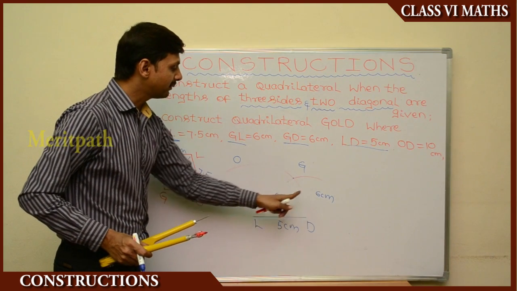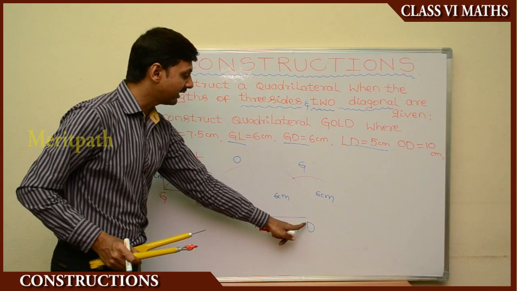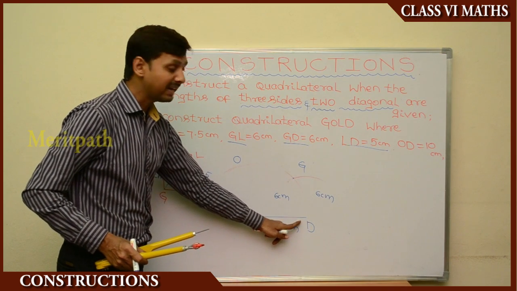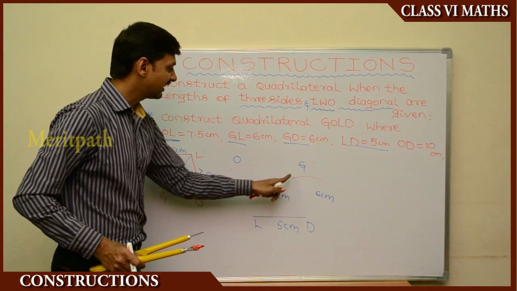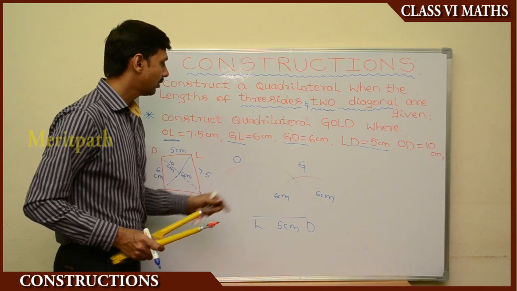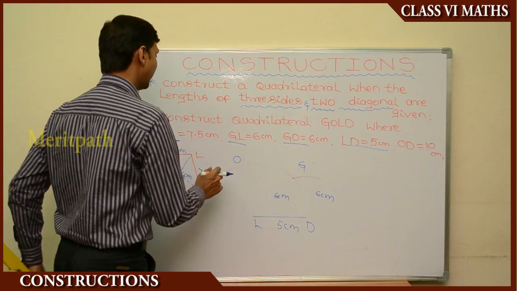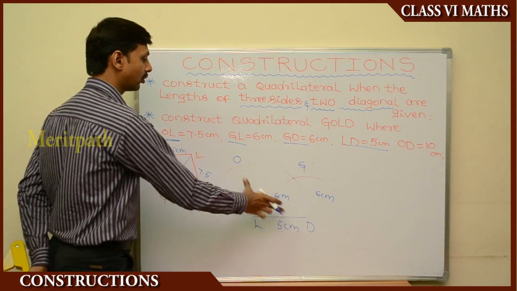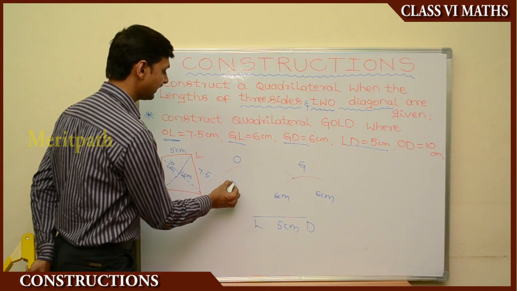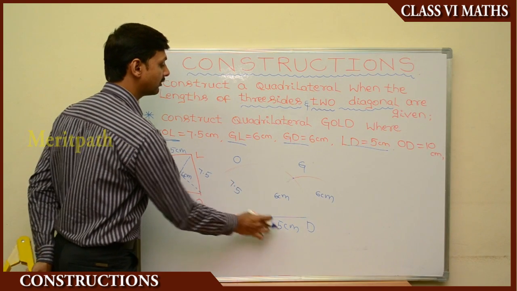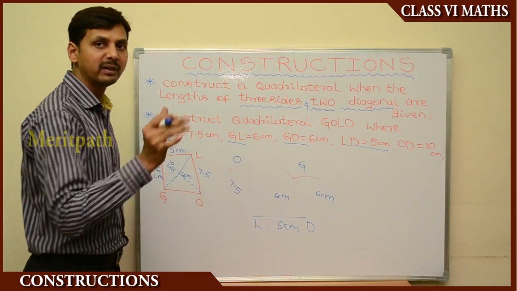How? 6 centimeters diagonal, 6 centimeters radius, 5 centimeters line segment, and 6 centimeters line segment. OL is 7.5 centimeters we have drawn here. So 4 measurements completed.